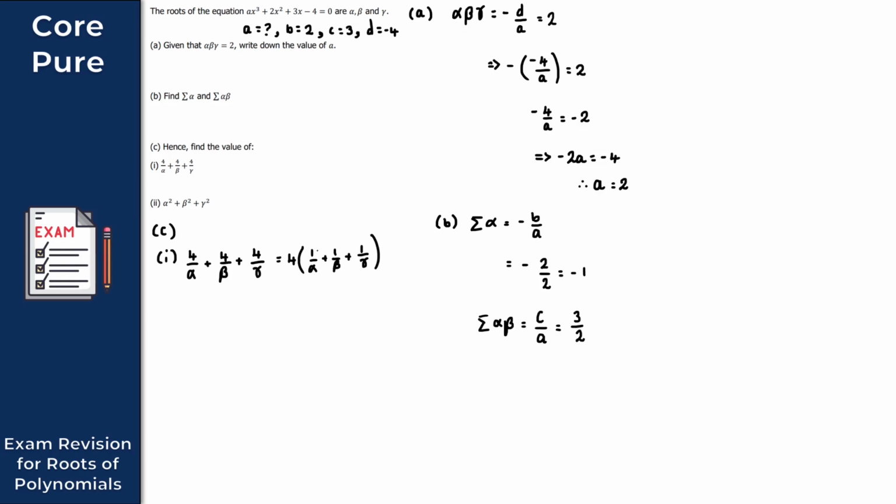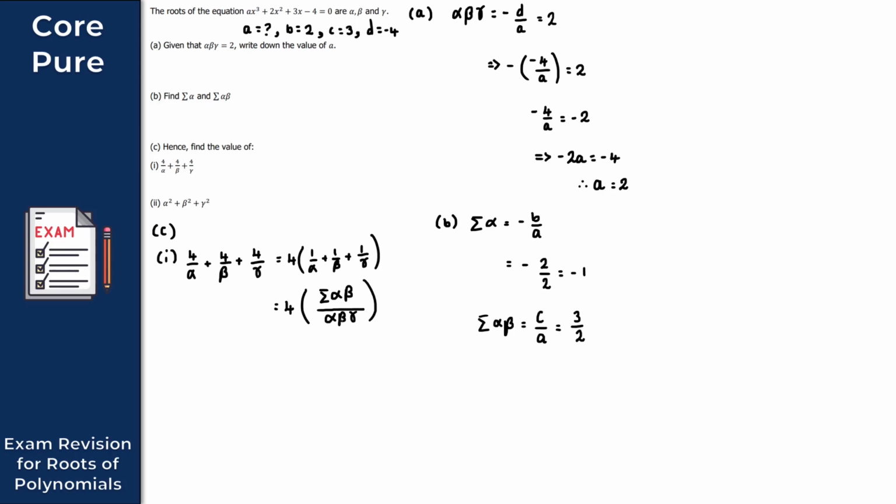Using our alternative notation, 1 over alpha plus 1 over beta plus 1 over gamma is equal to sigma alpha beta for my numerator, and for my denominator we get alpha beta gamma. We know the value of sigma alpha beta: that is 3 over 2.